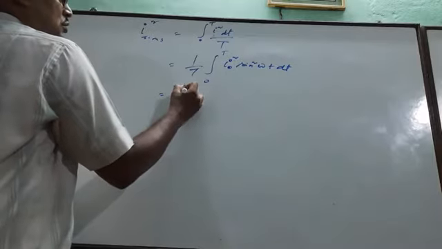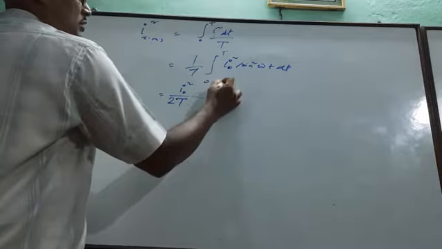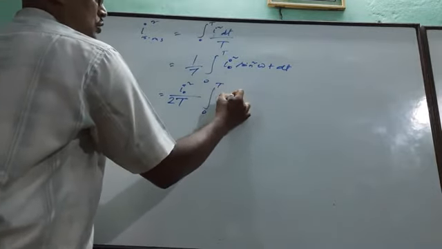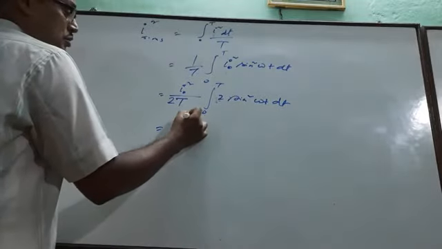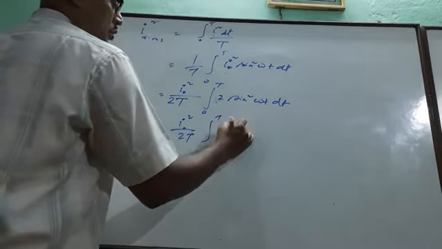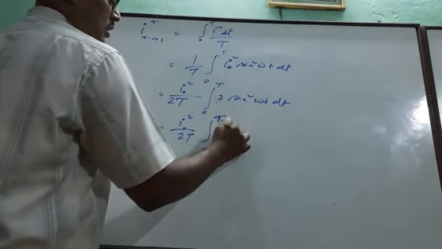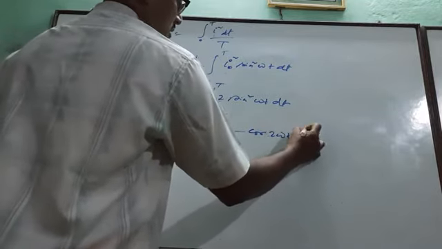And that is I0 square by T. I am taking 2 here, so we can put 2 sin square omega t dt. That is I0 square by 2T, integral 0 to T of 1 minus cos 2 omega t dt.